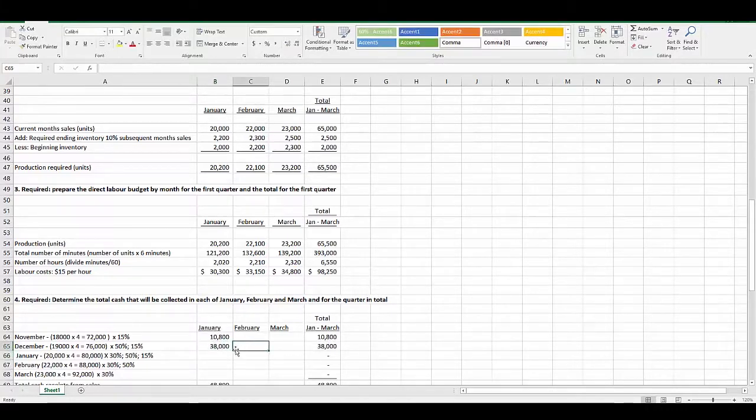In February, you are going to collect the remaining 15% of December sales. So that's going to be equal to your 76,000 times 15%. So that will give you 11,400.